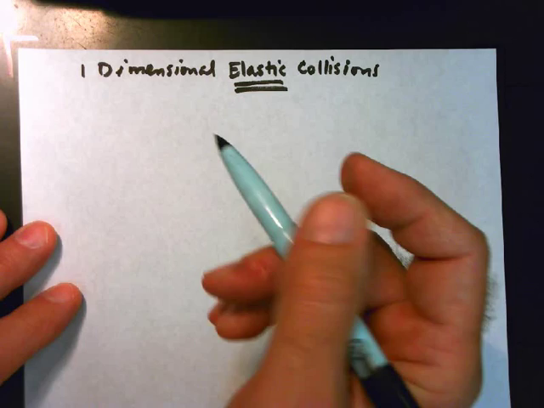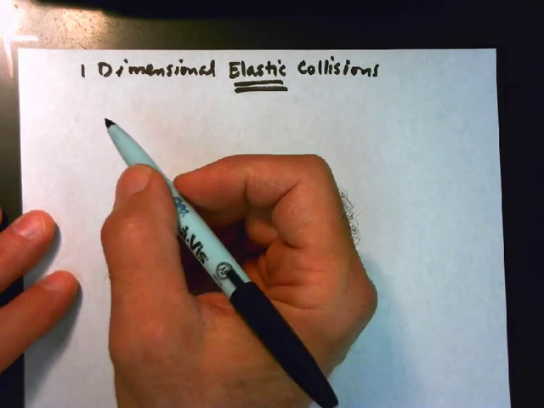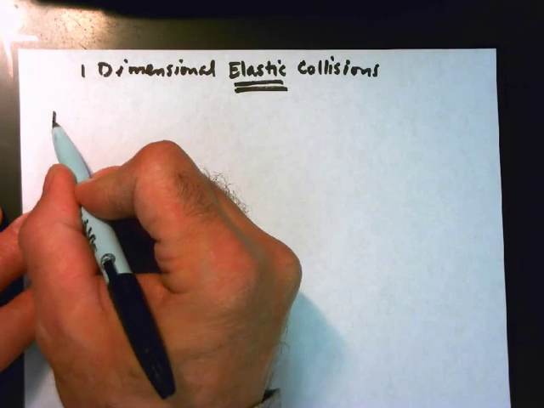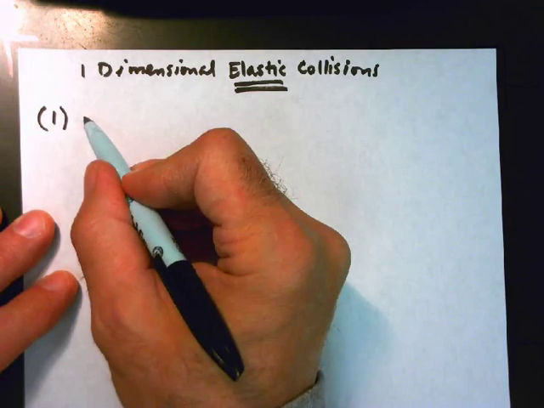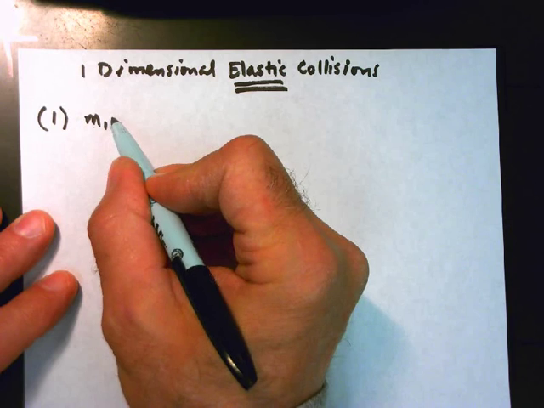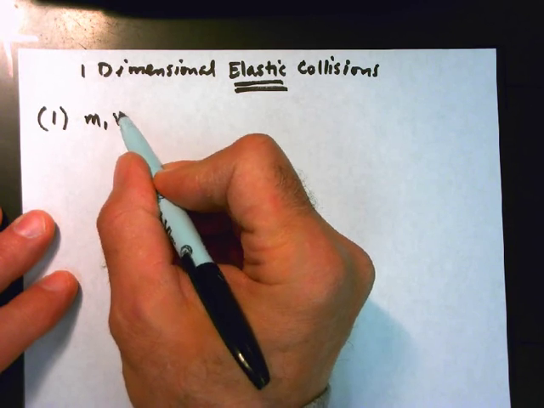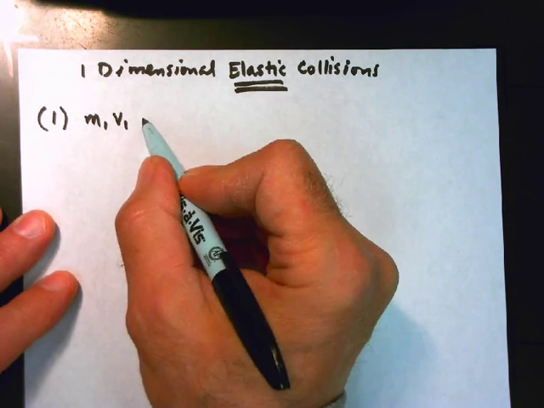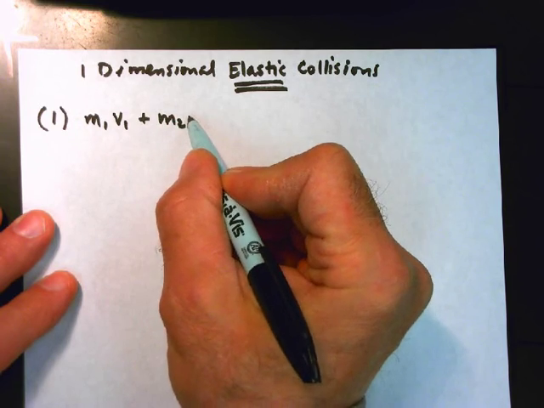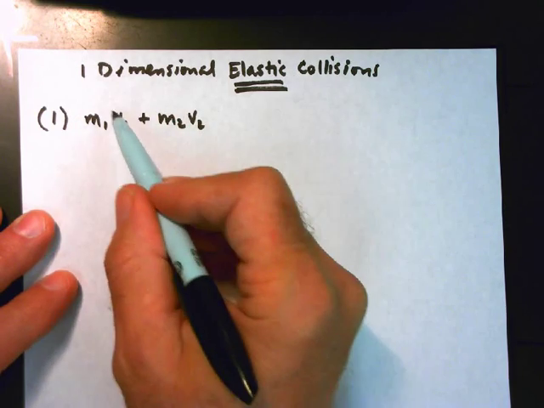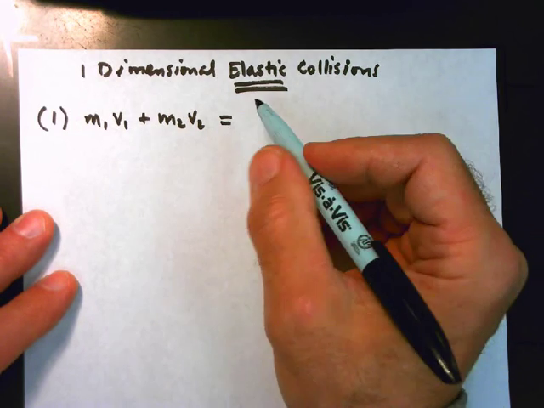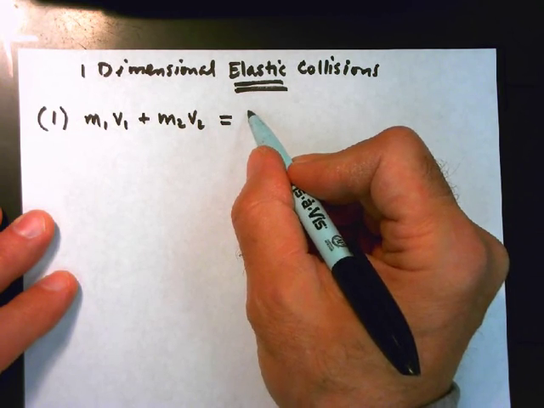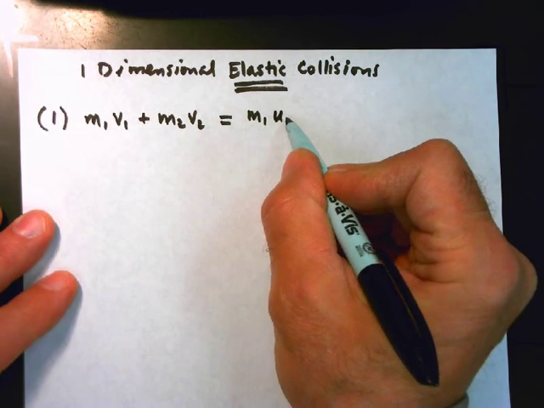So I can write two equations down. One would be the law of conservation of momentum. The momentum before the collision should be mass 1 times v1 plus mass 2 times v2. Remember, momentum is mass times velocity. That momentum before collision is equal to the total momentum after collision, m1 times u1 plus m2 times u2.